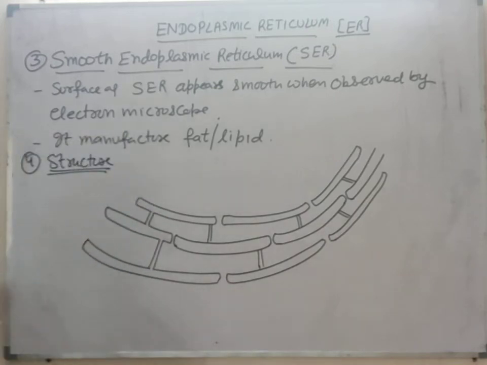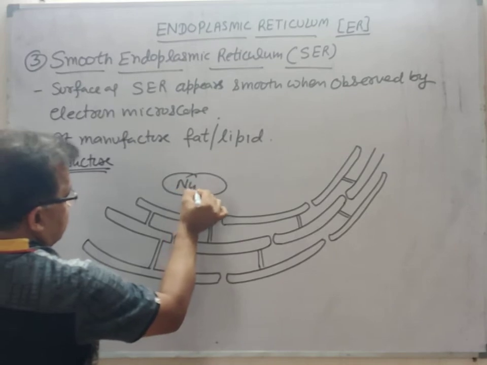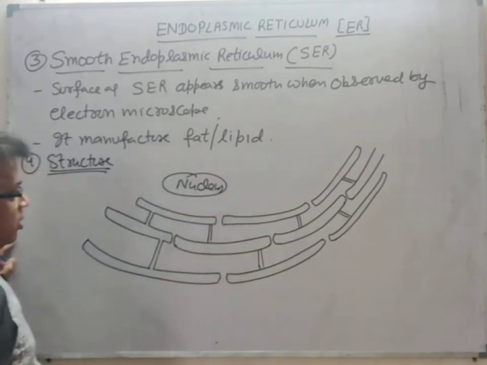You can draw like this. Here you can show the nucleus. They are generally found around the nucleus. So it is endoplasmic reticulum.